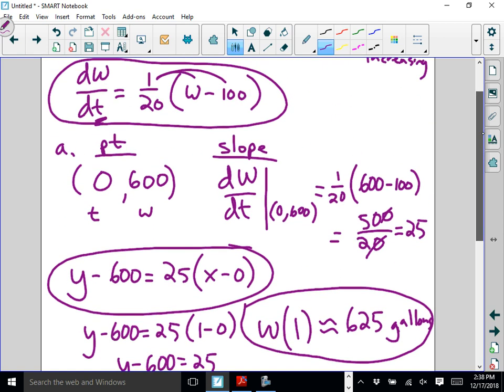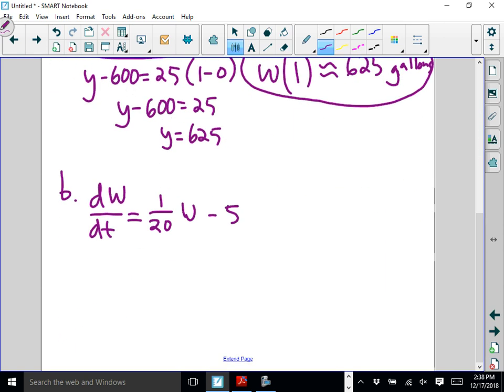Now I'm going to do my second derivative, remembering that this is implicit differentiation. So w is acting like y, so anytime I take a derivative of w, I need to tack on dw/dt. So for my second derivative, I take the derivative of 1/20th w. That's obviously just 1/20th, but I have to tack on dw/dt.